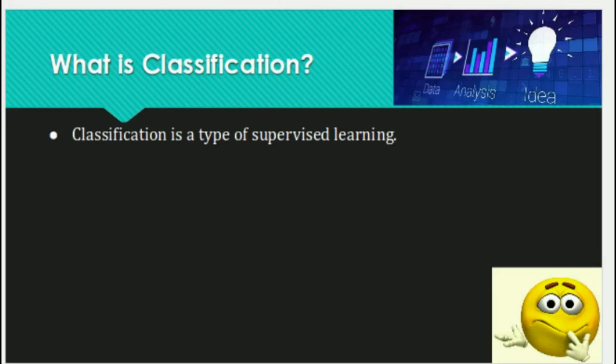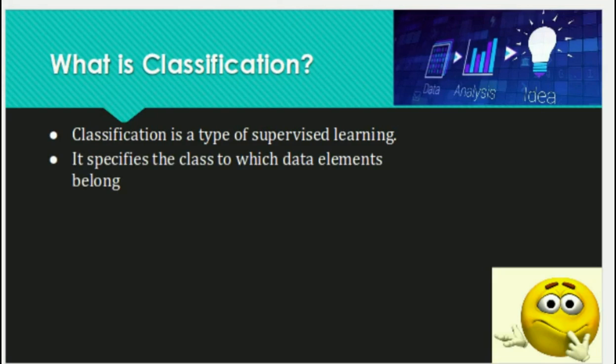Now, classification is a type of supervised learning. That means in machine learning, classification is a supervised learning concept which basically categorizes a set of data into classes. The most common classification problems are speech recognition, face detection, handwriting recognition, and document classification. It specifies the class to which data elements belong.